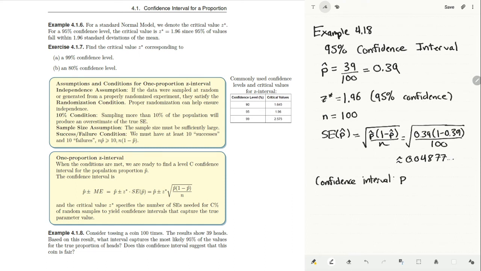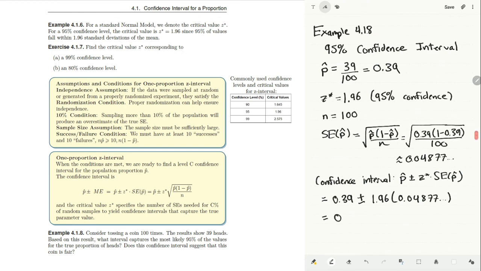And so now we're ready to calculate our confidence interval, which is given by p hat plus or minus Z star times the standard error. So we have 0.39 plus or minus our critical value, which is 1.96, times our standard error, which is 0.04877.